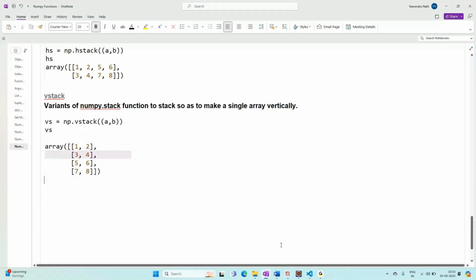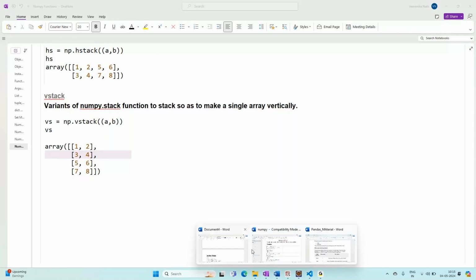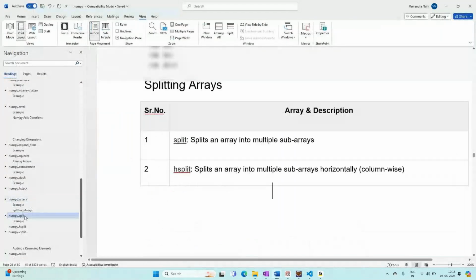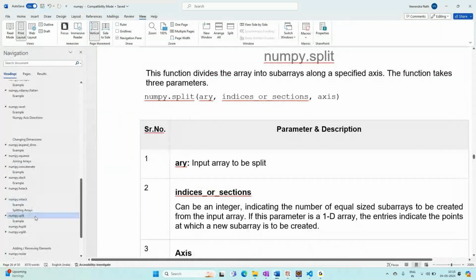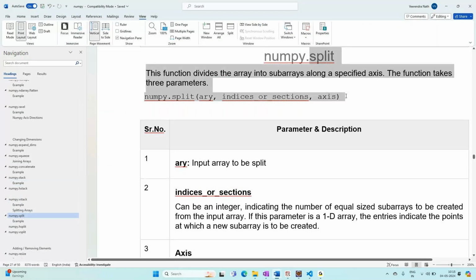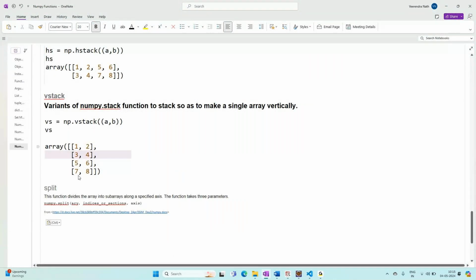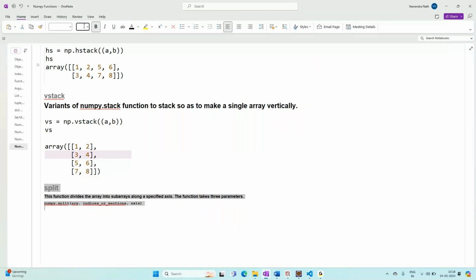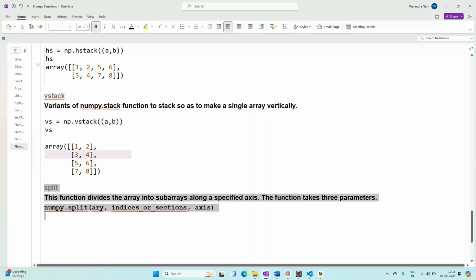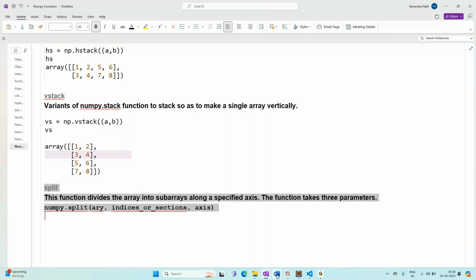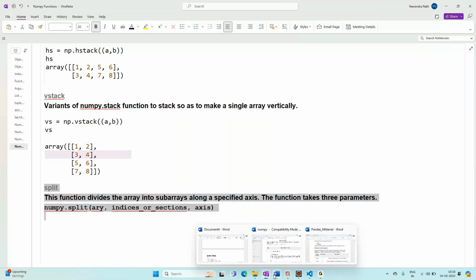Okay, now we will see how to split. So we are going to split now. So what is splitting? Splitting is nothing but splitting of the array. So split array, what it will do, it will split into sub arrays basically.